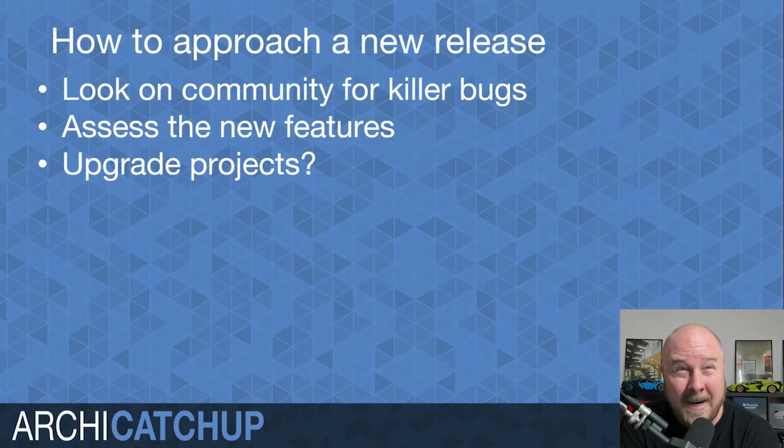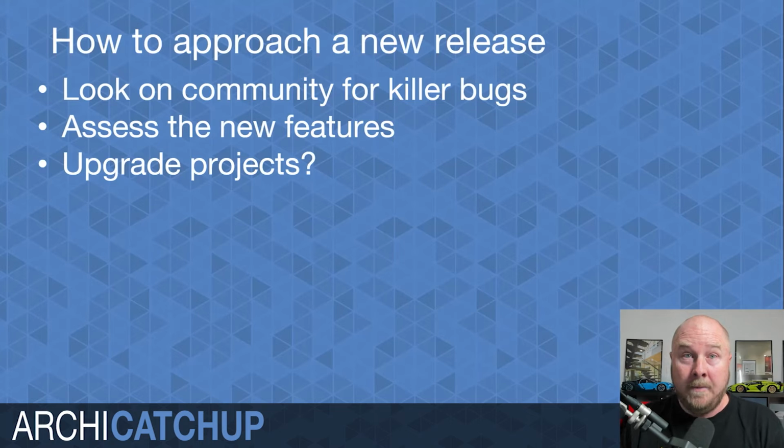Like, for example, I think in Archicad 25, or 24, I can't remember the exact number, there was a very significant bug that took a couple of updates to be fixed.